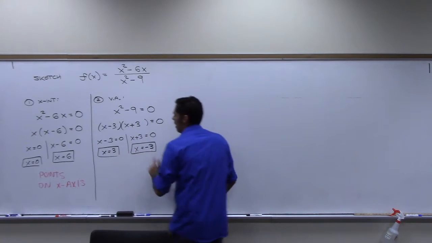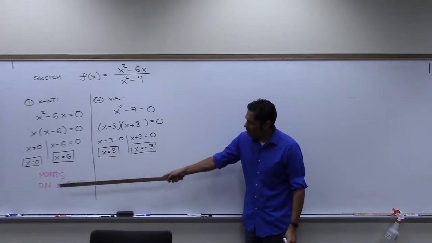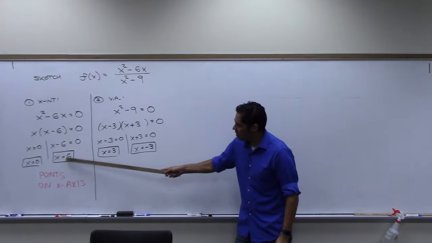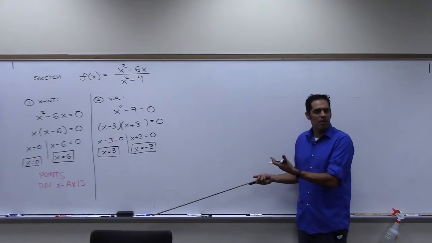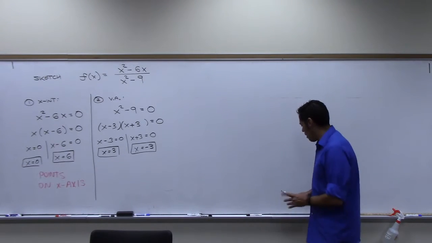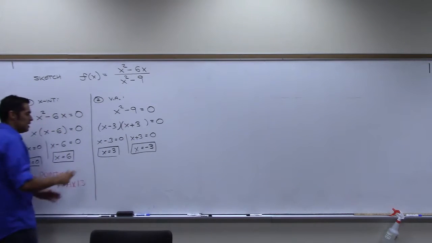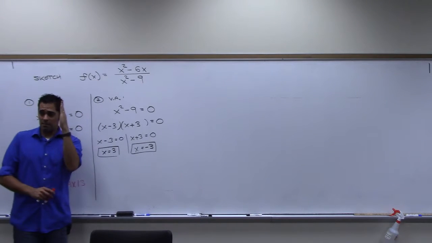So the reason why in the previous one, see what I wrote down here in red? Points on the x-axis. The reason I did that is because if you just look at this, x is 0, x is 6, x is 3, x is negative 3, you might lose sight of what these are on your graph. Are they points on the x-axis? No, these represent vertical dotted brick walls, right?